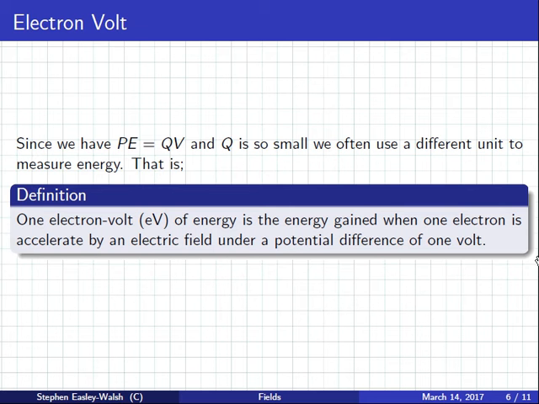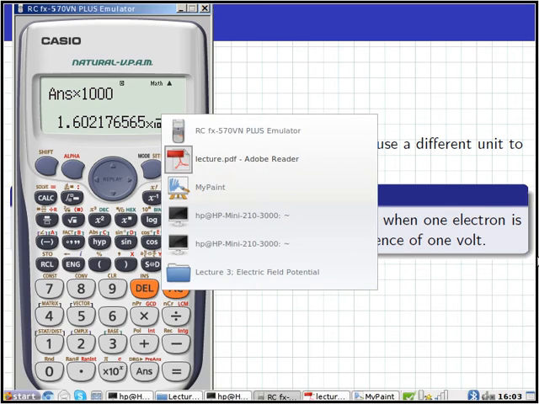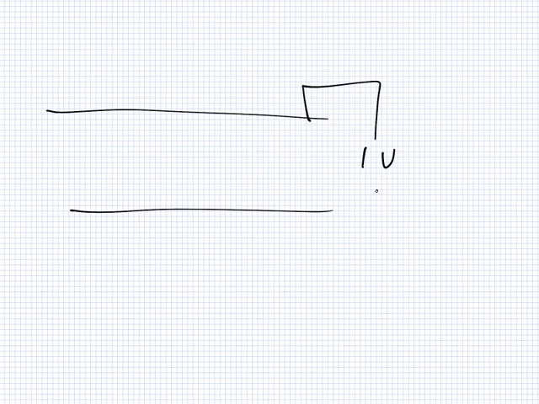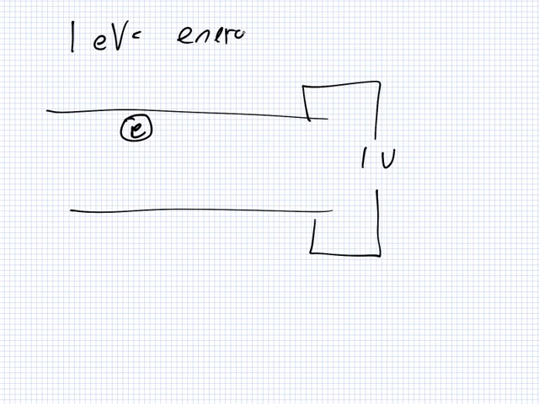Before you write that down, let's just calculate what that means. I'll draw it here. So this here is 1 volt, and this here is 1 electron. And 1 electron volt is the energy this has. How much energy is that? Well, if we use our formula, what was our formula here? QV.